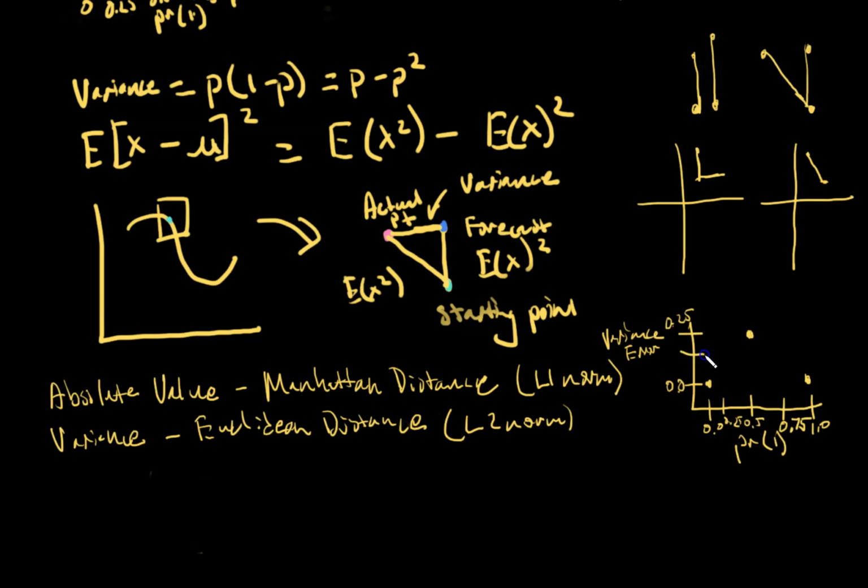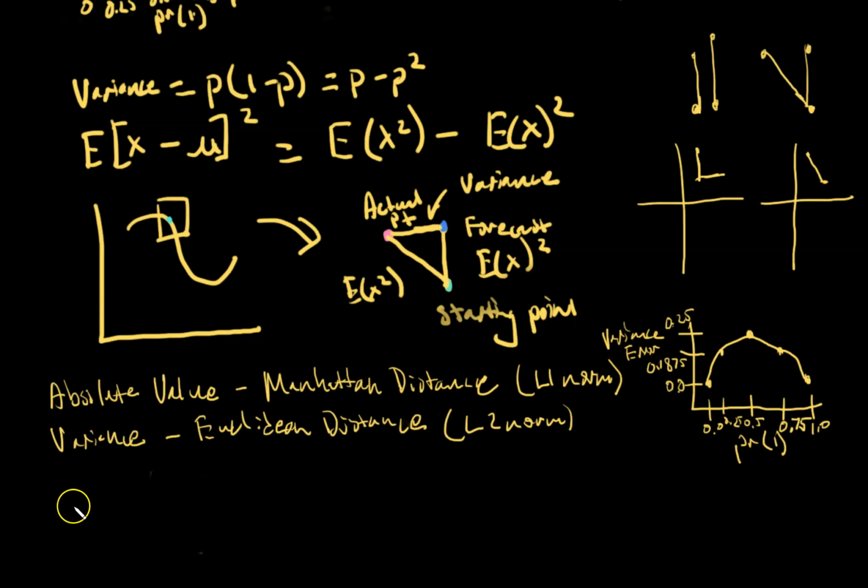I already worked this out ahead of time, so that's going to be 0.1875, for both of these right here. So this is going to be a curve, hence all this discussion about nonlinearity. Okay, so now let's do the calculation.